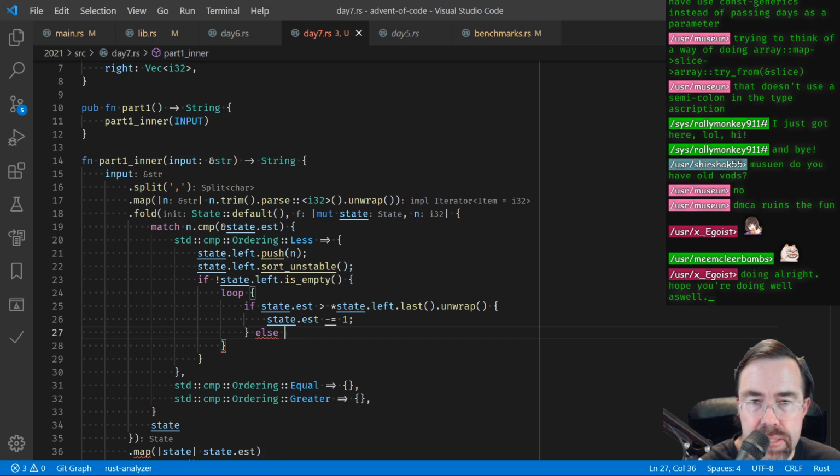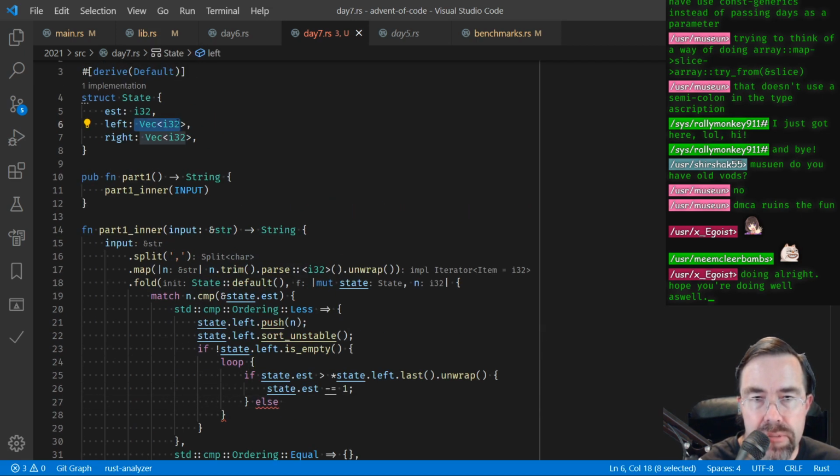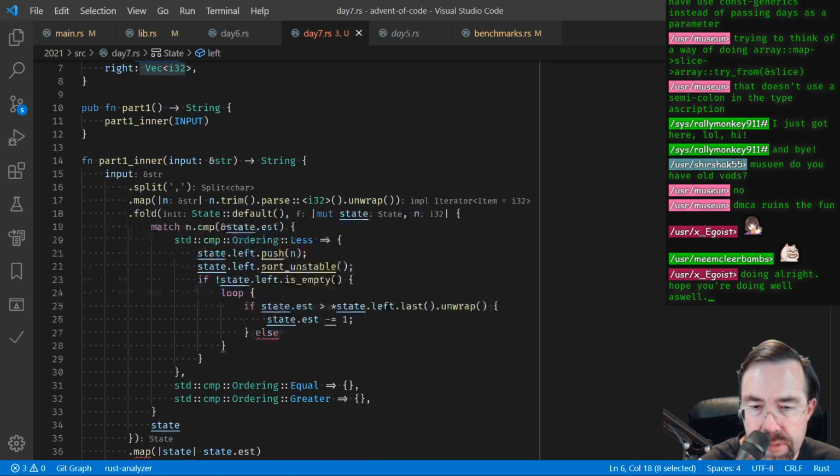I wonder if I should change these lists to be, instead of a vector of numbers, a vector of number and count, like a count of how many of that number. I think I got this right.